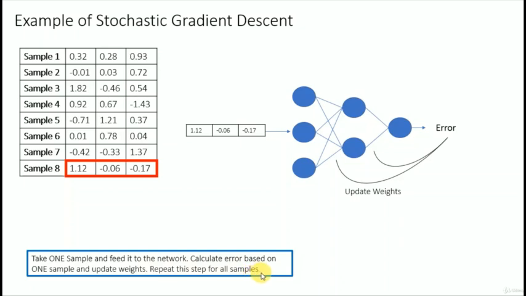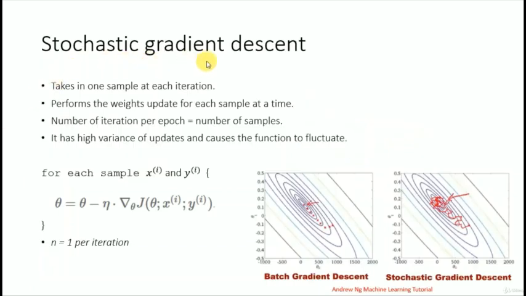Okay, so in the next video, we'll be talking about mini-batch gradient descent. Oh, but before we do that, there's something I forgot to show you, which is basically that stochastic gradient descent tends to be noisy. Okay? Because you're doing this for one sample at a time. So each sample might have its own weights that are needed.